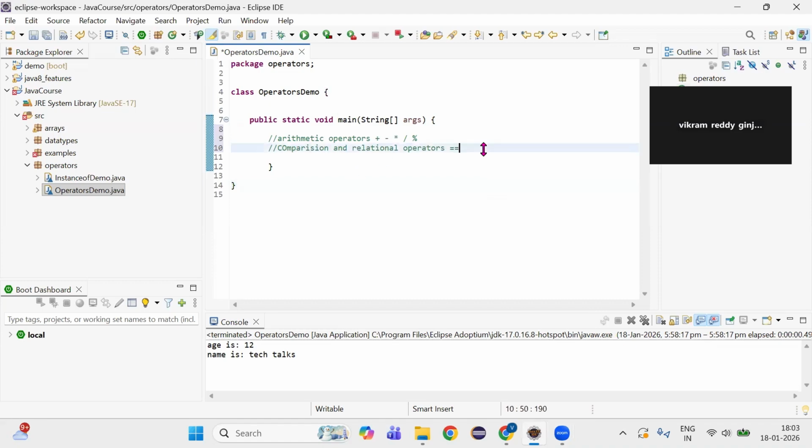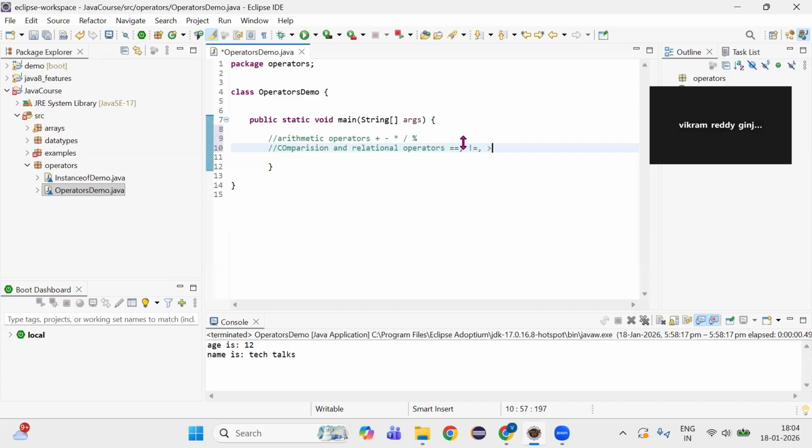So we check equals by using these two symbols, and if we want to check whether a particular operand is not equal to another, then we'll do it like this. If one operand is greater than the other, then we use this one.